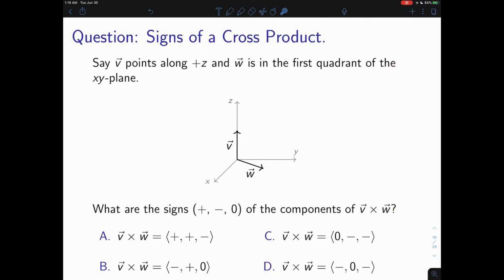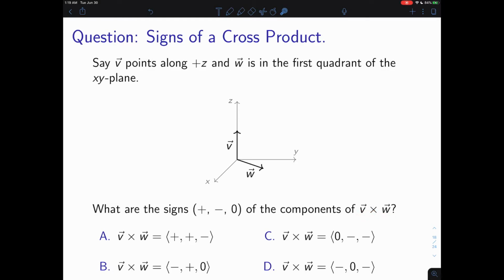So here's a question for you to see how much that right hand rule makes sense. Say that V points along the positive Z axis and W is in the XY plane, but in the first quadrant, meaning X is positive, Y is positive.